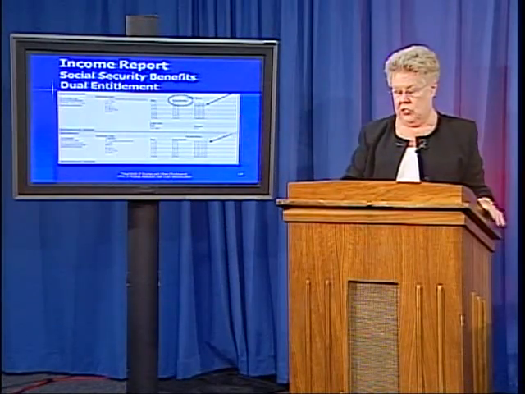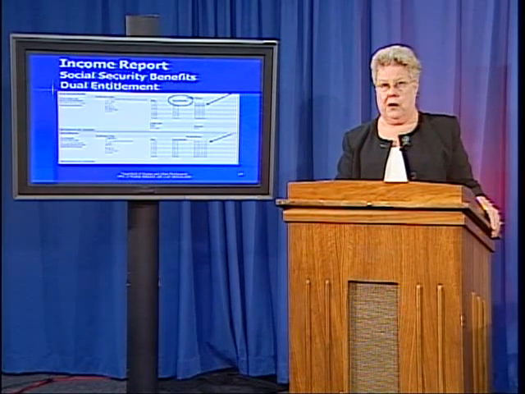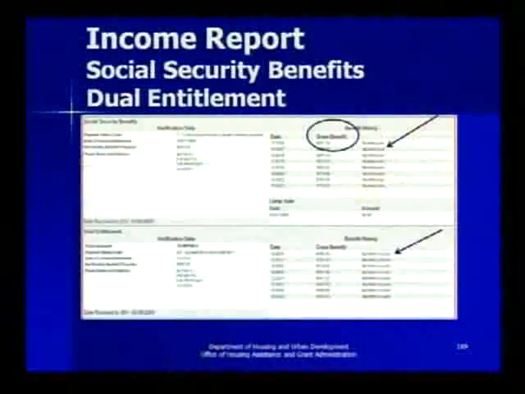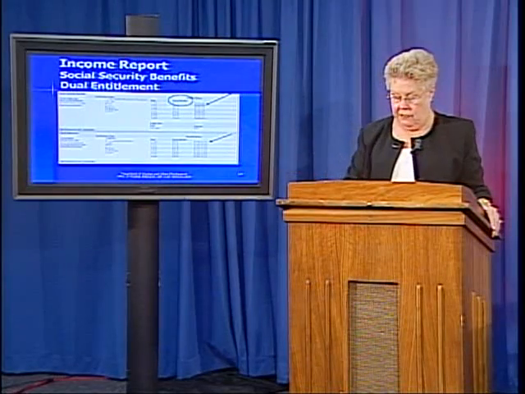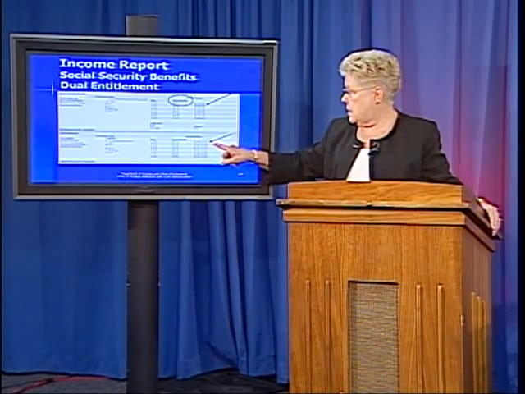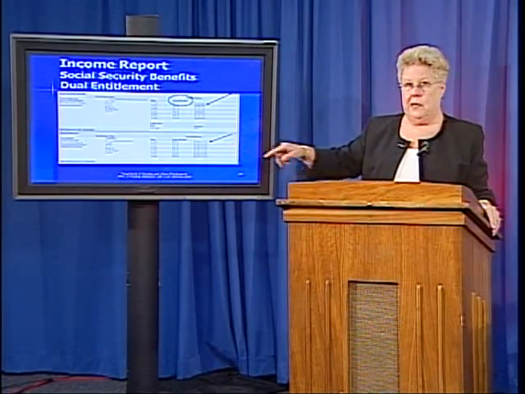Another section that you always want to pay attention to is this column over here, because as you can see at the top part where they are receiving regular Social Security benefits, it says that the benefits are paid. But if you go to the lower part of the screen down here, even though there's a dollar figure in this column, it's telling you that those benefits are not being paid.